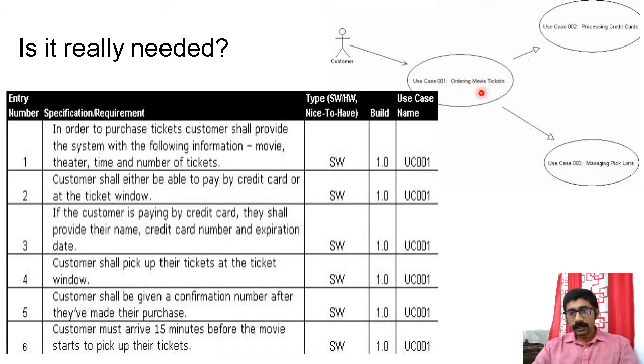So ordering movie tickets involves two other actions. Using this use case diagram, we can easily convey the requirements. Instead of reading the entire documentation, if you represent it in a graphical manner, it is very easy to communicate with all the stakeholders. So that is the advantage of the use case diagram. So there is a need for it.